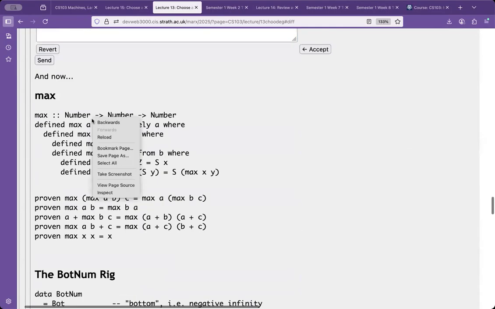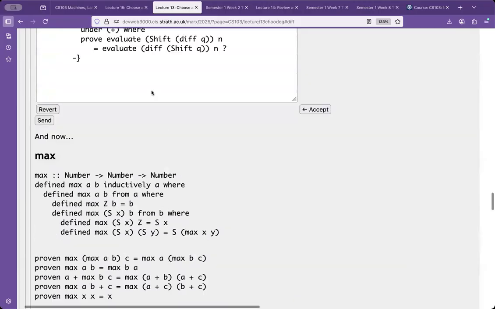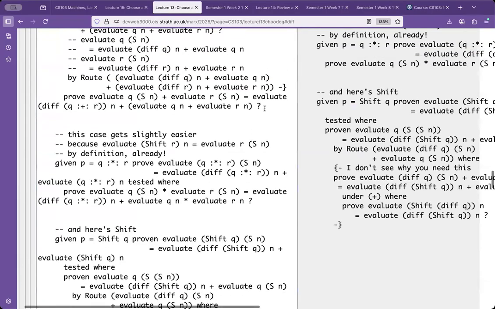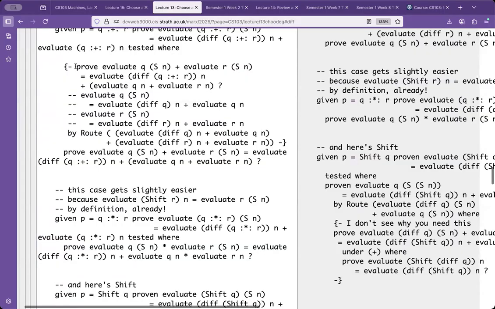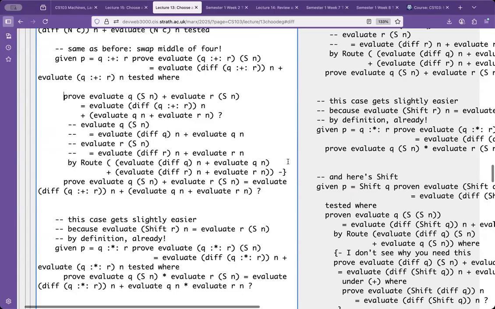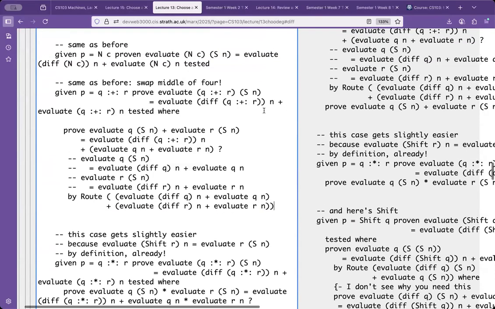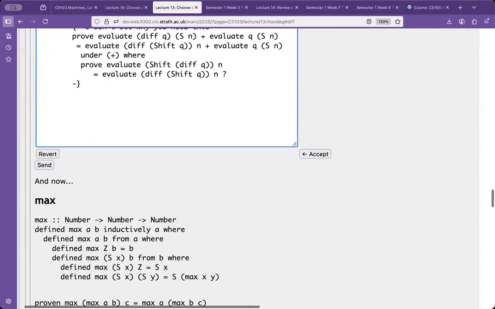I'm going to click revert and remove the. Oh, okay. There's still a question mark up there. Where? Sorry. You fix. Oh, right. Yes, that one. That's the evil question mark. Thanks, Clemens. Right.